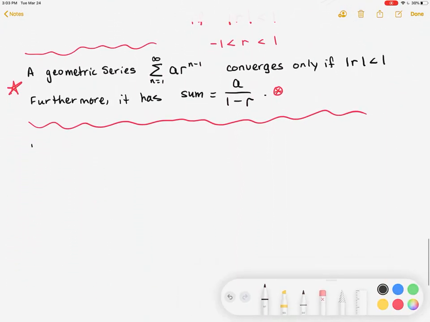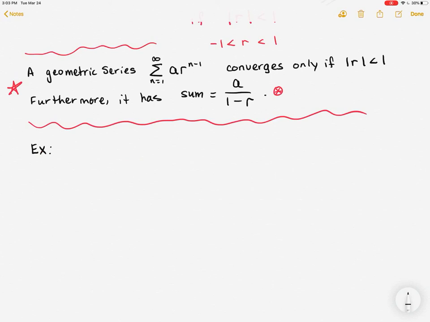I think we've got time for an example or two. You have to kind of train yourself to recognize these geometric series. So sometimes you've got to write out the first so many terms. Suppose we had something that looked like 2 to the k over 3 to the k plus 1, and I'm going to start my counter at 0 this time.